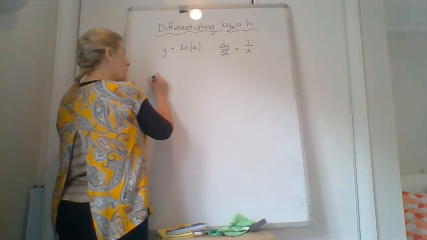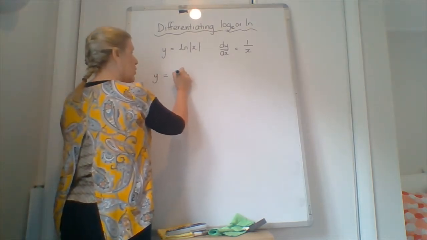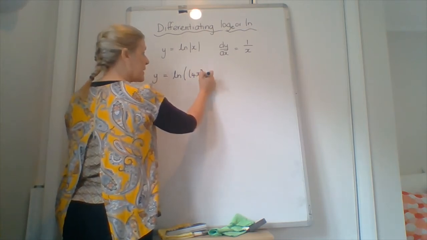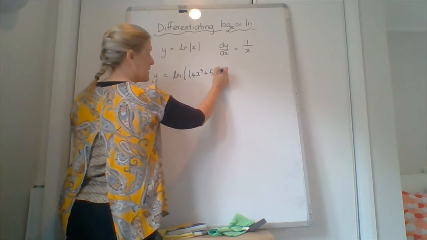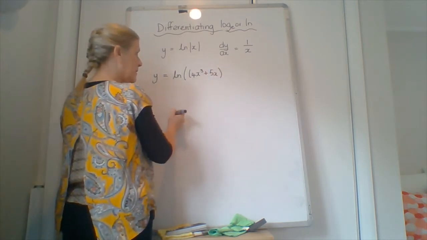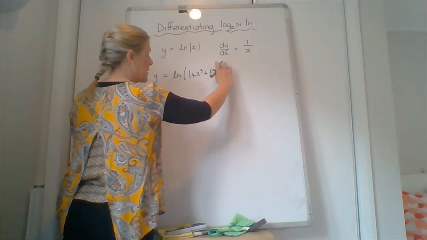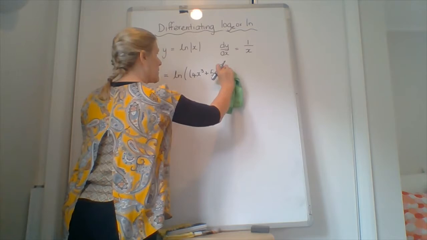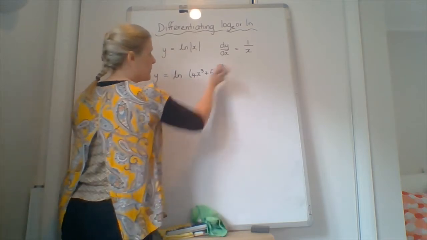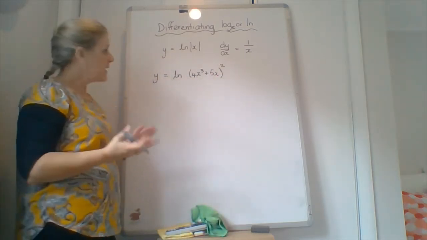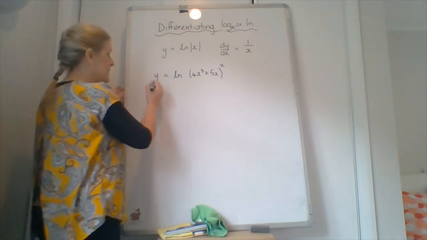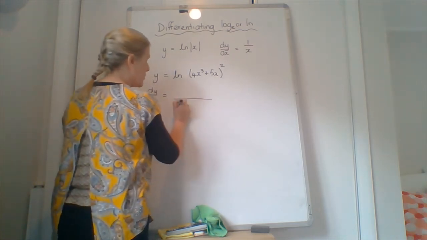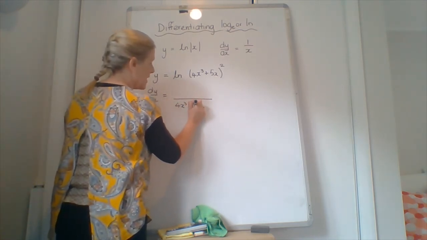If we've got y equals ln of 4x to the power of 3 plus 5x squared, all right, then if we do this one, what we're going to get is dy by dx equals the bottom line, 4x cubed plus 5x squared.